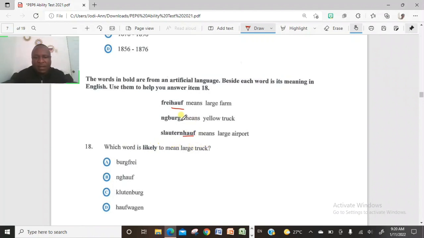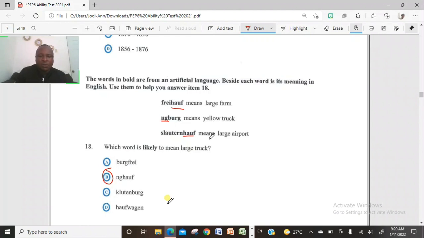In the second term, it says NG Berg means yellow truck. So truck would be NG because it comes second, so it would be the first part of the artificial language. So we're going to have to look for NG off. Let's see if that's an option. Yes, it is an option. That's option B. We don't need to eliminate there.